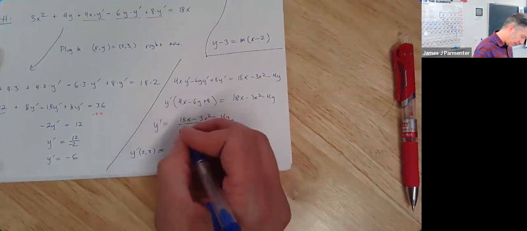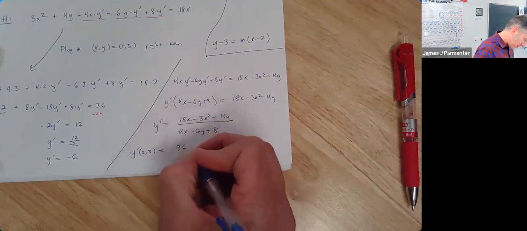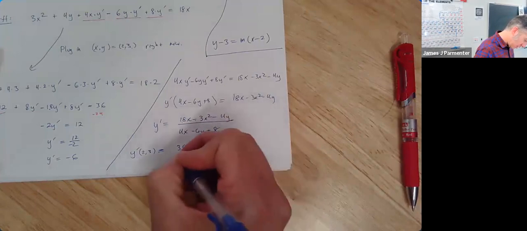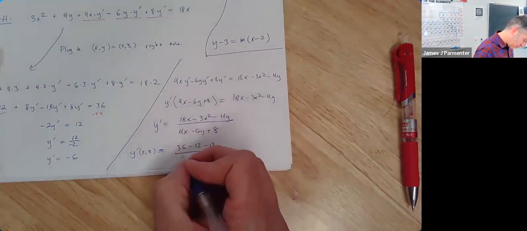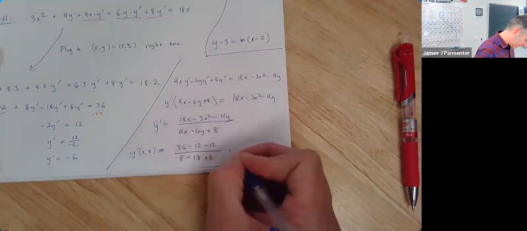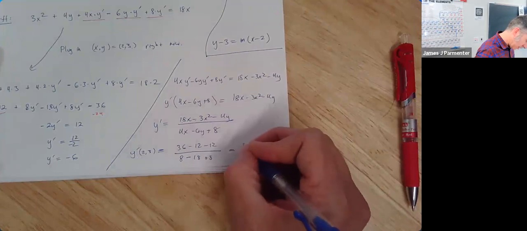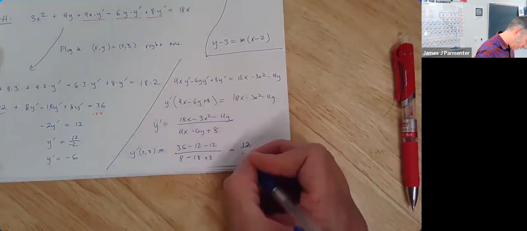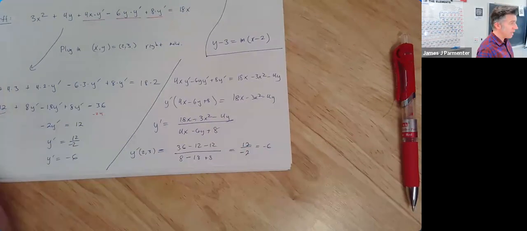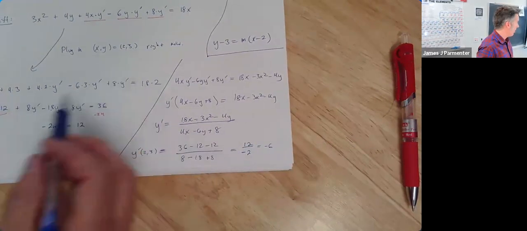You're going to get on top 18 times 2 minus 3 times 2 squared minus 4 times 3 over 4 times 2 minus 6 times 3 plus 8. And it's exactly the same thing. That's going to end up being 12 over -2, which is -6. So save yourself some effort and do it the easier way.